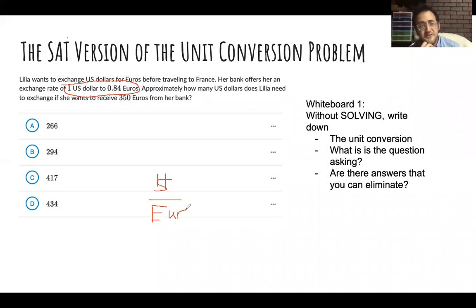And then it says approximately how many dollars does Lila need to exchange if she wants to receive 350 euros from the bank. Now, what we can see here in this problem, we'll do some process of elimination. We can see that a dollar is going to get you fewer euros.